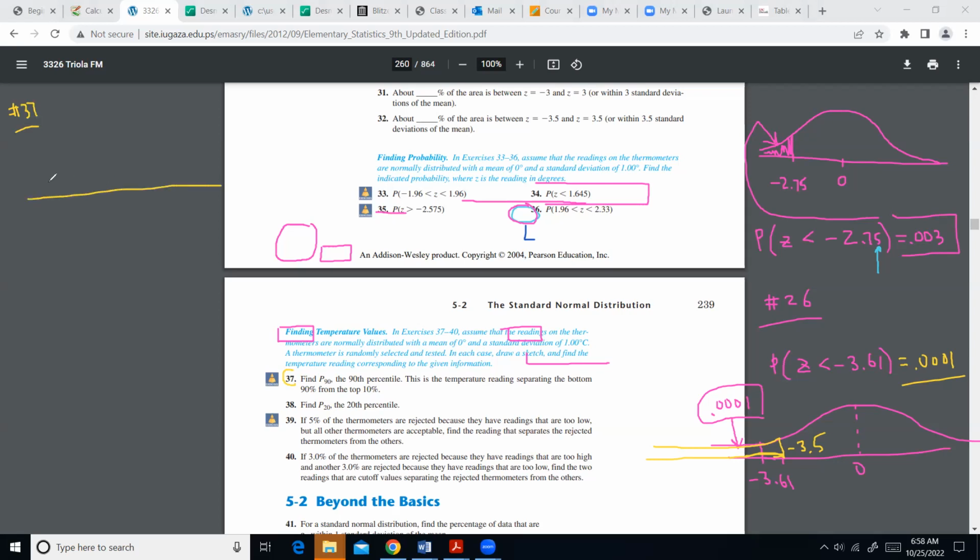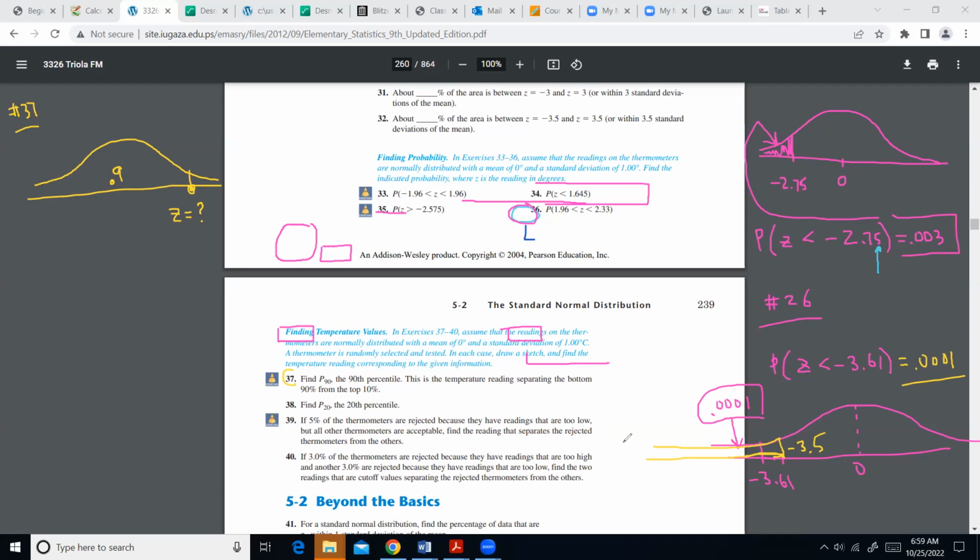So in exercise 37, they again deal with that standard normal distribution, and they tell, how about if your area is 90%, what is the Z-score that would cut that area out for us? You see, instead of giving us Z-score, they want us to find the Z-score.